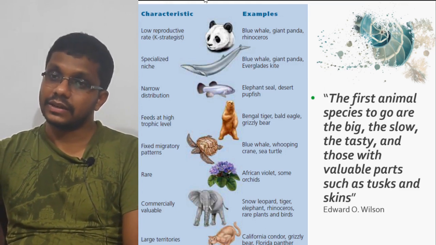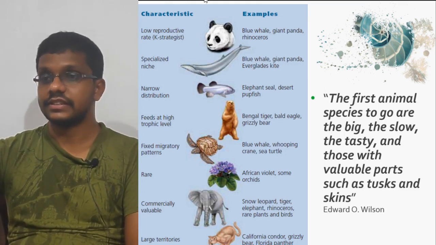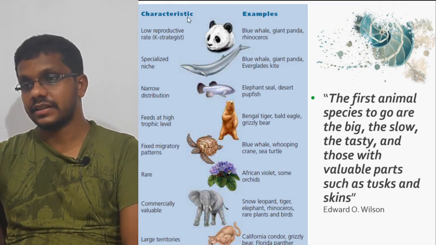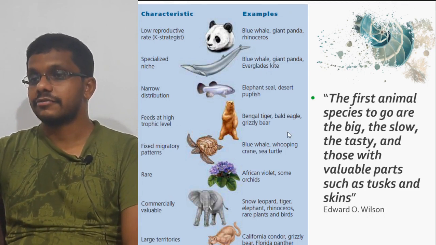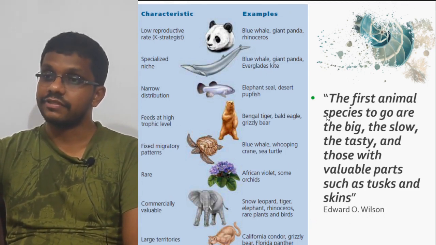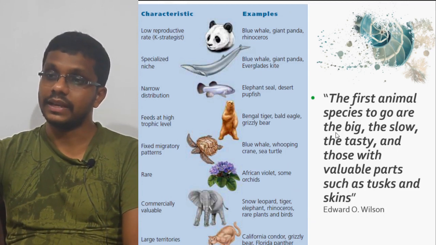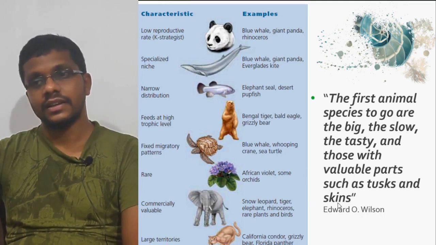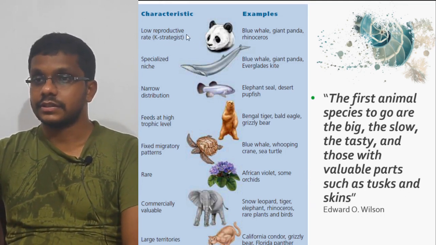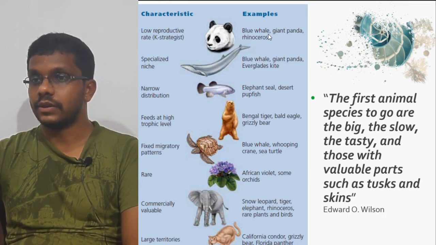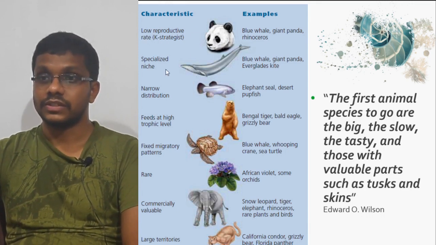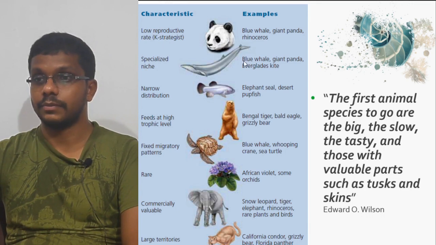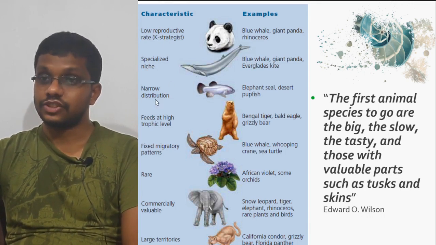And if you look at the organisms on the endangered list, we can see that many organisms are going extinct because of their characteristics. Famously, Edward Wilson says that the first animal species to go are the big, the slow, the tasty, and those with valuable parts such as tusk or skin. Organisms like the blue whale or giant panda have low reproductive rates, which leads to extinction. Some have a specialized niche, like the blue whale or giant panda, or a narrow distribution.